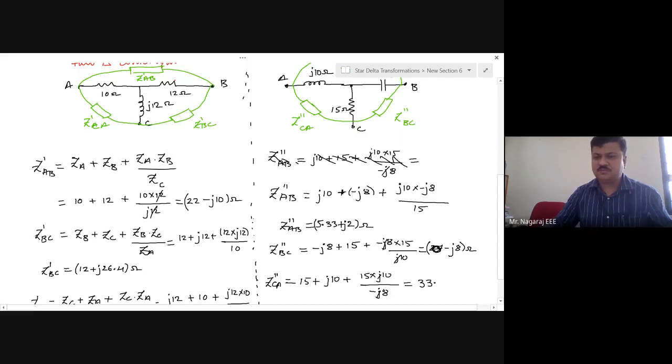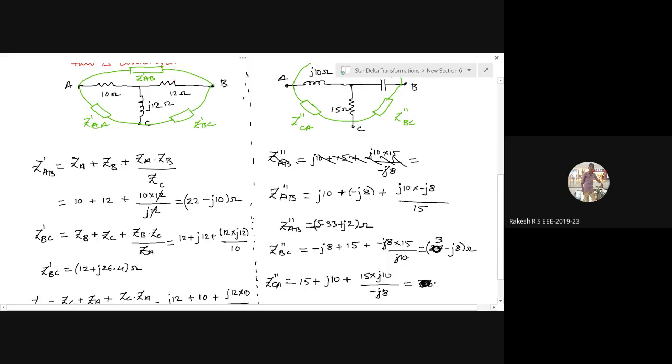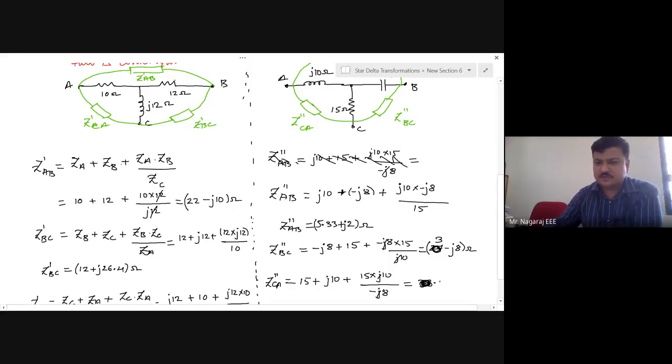I forgot this. It is 3 minus J8, right? Okay. This is also the same thing. It will not come 33, I think. 15 into 10 by 8. Okay. 15 minus of this value. Minus 3.75 plus J10. Yeah, minus 3.75 plus J10.